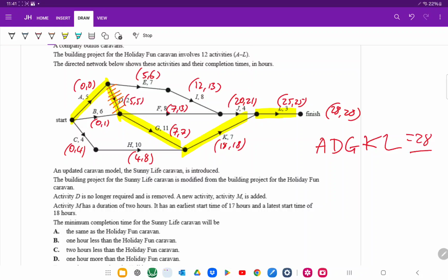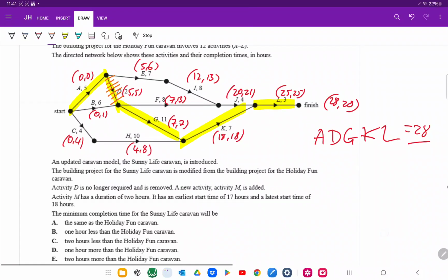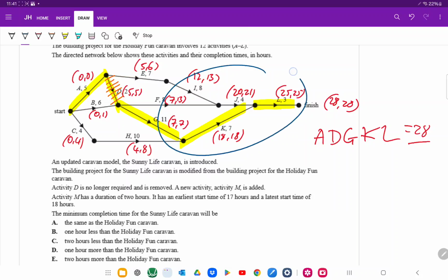There has to be some sort of location of where this activity will go. Now, it's not just going to replace that point right there. So we're probably thinking that it's going to be somewhere around this particular region because there's a 17-hour start time and an 18-hour latest start time.